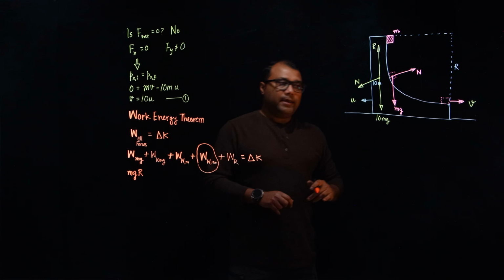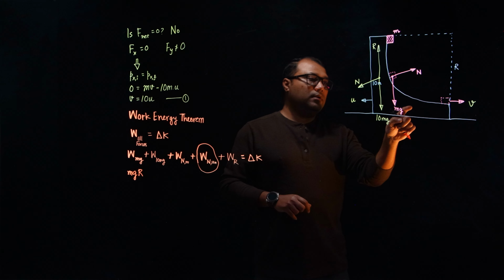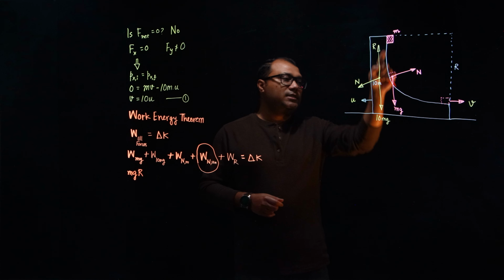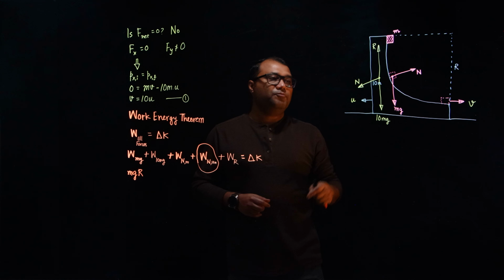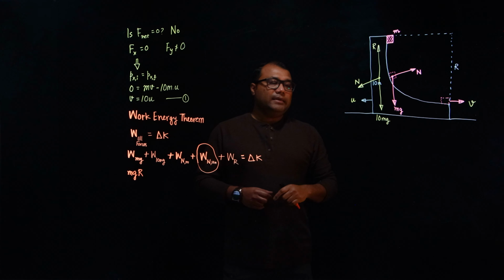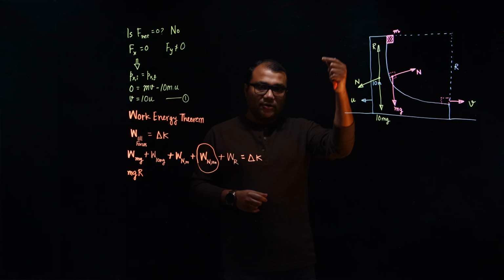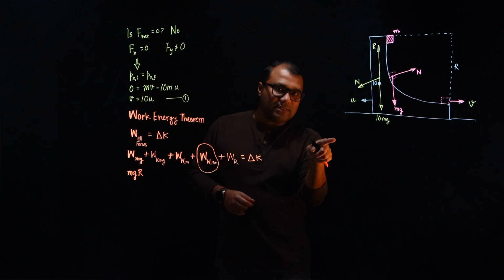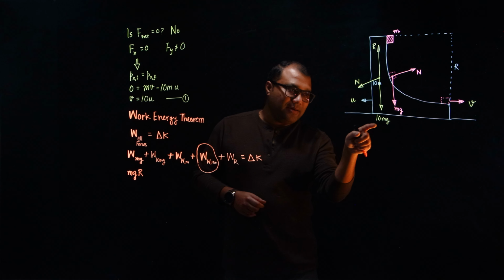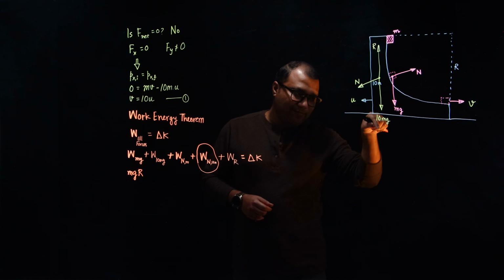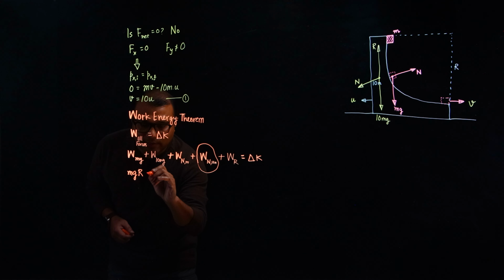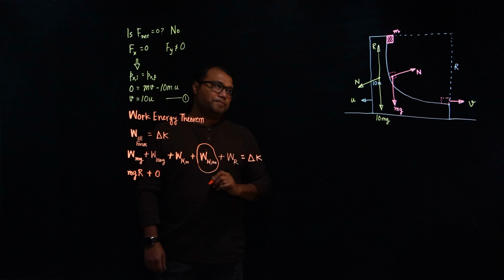Work done by 10mg on the big mass. Now, if I just look at this big mass, does the center of mass move for this? Yes, it moves in the x direction, but not in the y direction. Now, since displacement is in the x direction, but this force of gravity is in the y direction, the net work done by this gravity on 10mg is 0.